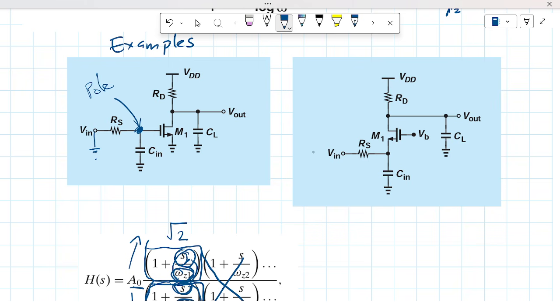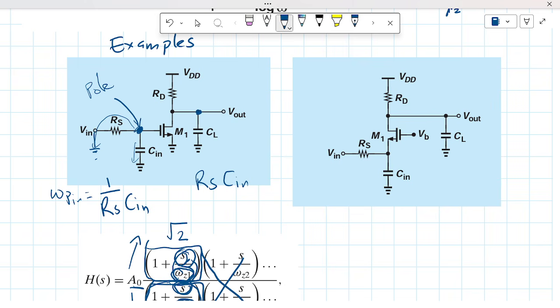Since this is the input, we could call this an input pole, or a pole at the input network, if there is indeed a pole here. From the node to ground I have resistance Rs, and from the same node to ground I also have capacitance C_in, so I can say that the pole frequency at the input is equal to 1 over Rs C_in.